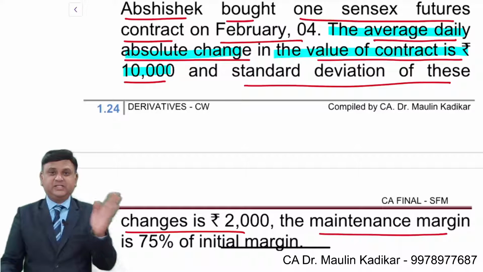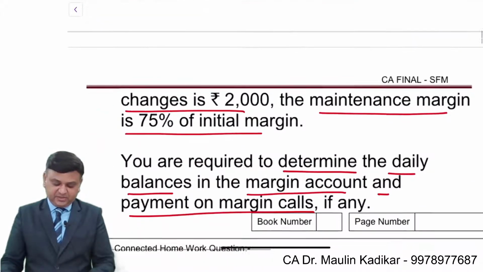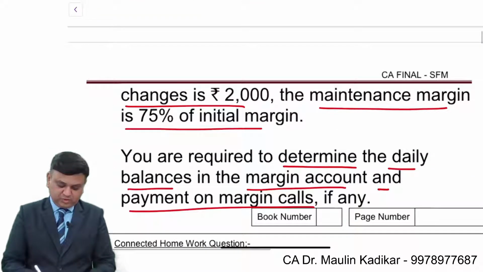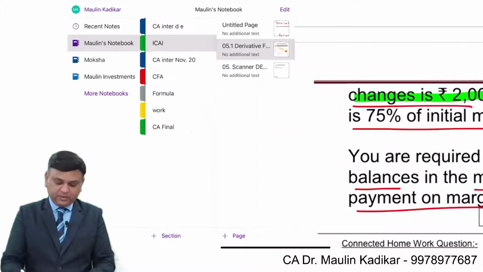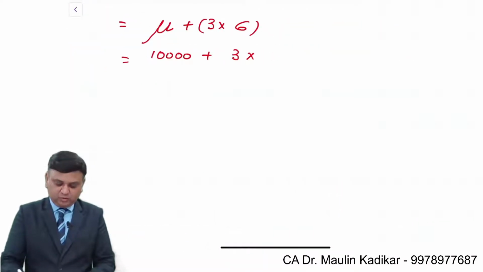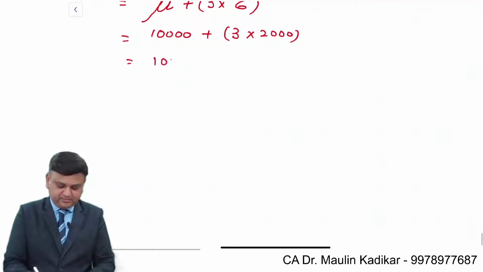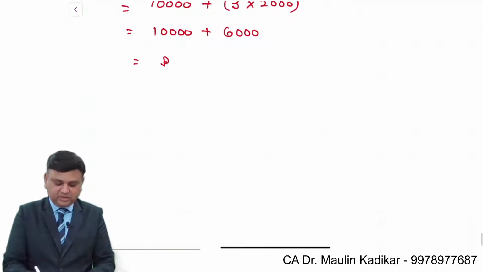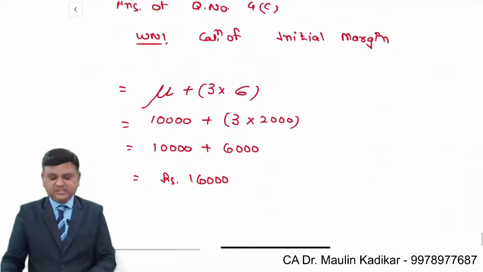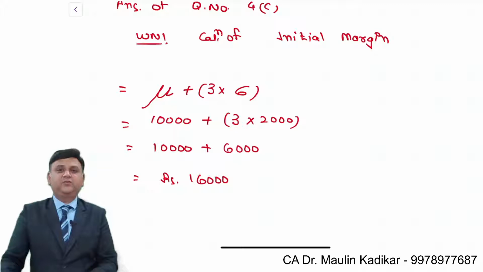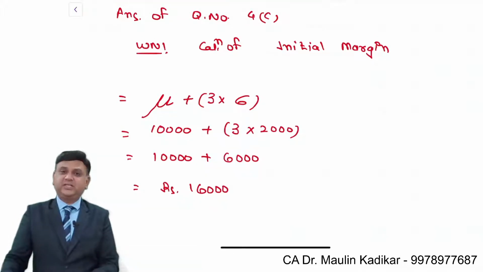That is an amount of 2,000 rupees. So 3 into 2,000 is 6,000. It is 10,000 plus 6,000, which comes to 16,000. This is the standard formula for calculation of the initial margin.